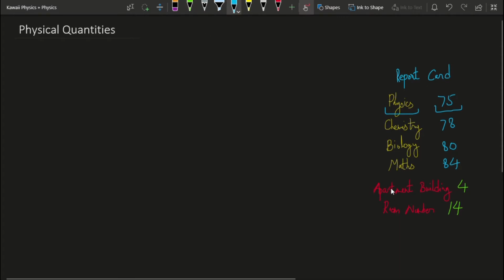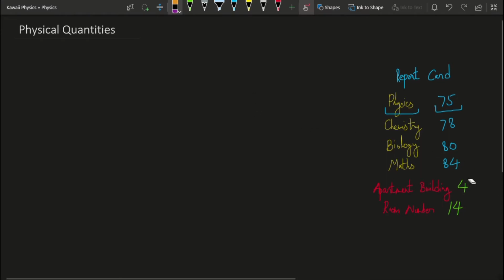This apartment building 4 tells us that your friend is living in the fourth apartment building, and in that building the room number is 14.